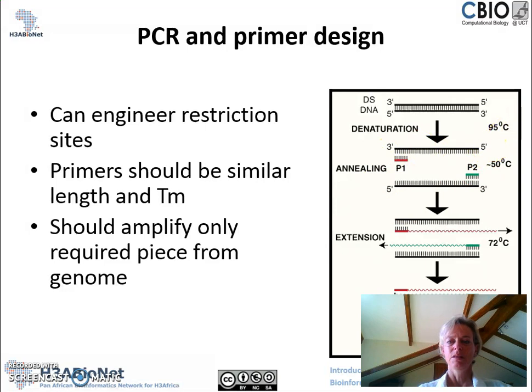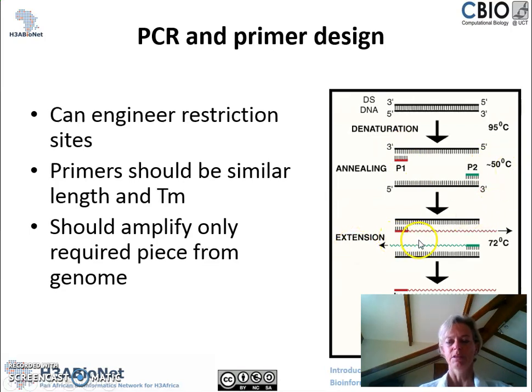Then this goes through a process of multiple different temperatures. So you throw these primers in. You firstly heat the DNA to 95 degrees so that the DNA strands separate. Then you cool it to a temperature that's appropriate for the sequences of these to bind to each other. That's called the annealing temperature. And then you have an extension period.